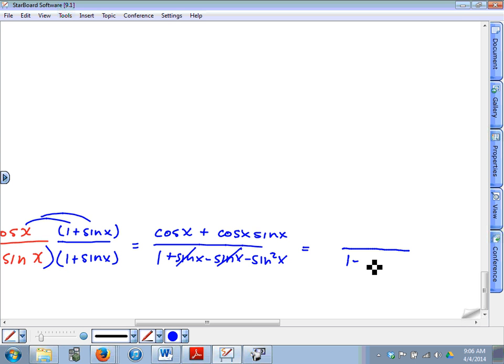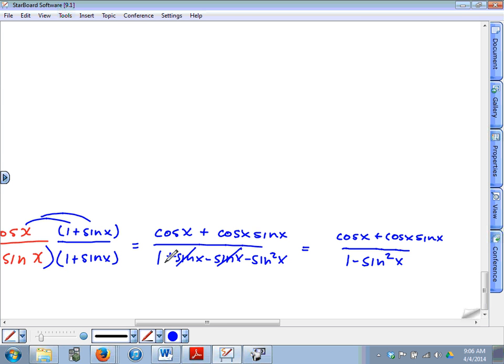So in the denominator, we have 1 minus sine squared of x over cosine of x plus cosine of x sine of x. So what we did here, we haven't used any identities.